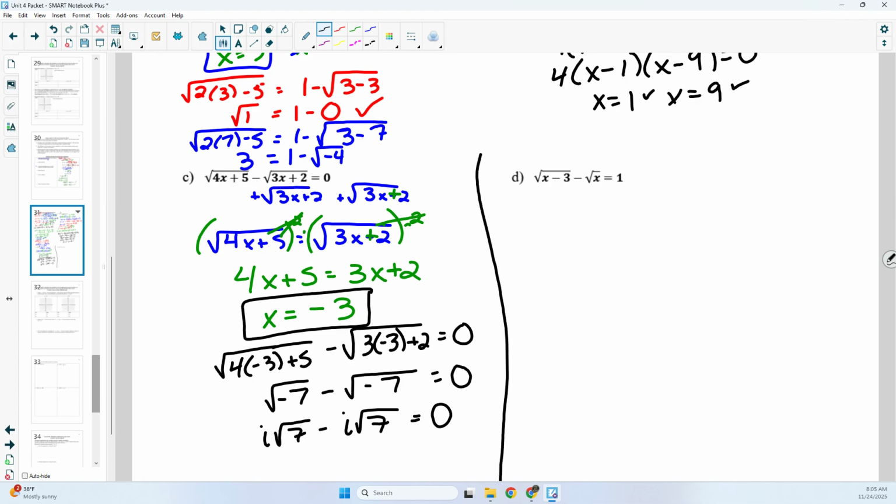And the last problem, I am going to isolate one of the square roots, so I'm going to move over the square root of x, and you definitely should be trying this one on your own, just to make sure you get the idea. And then we square both sides.